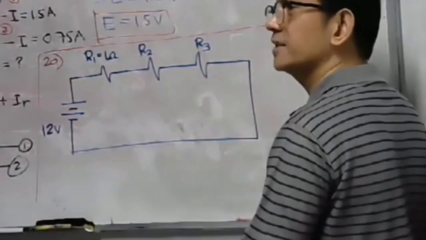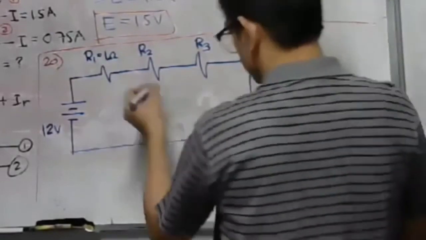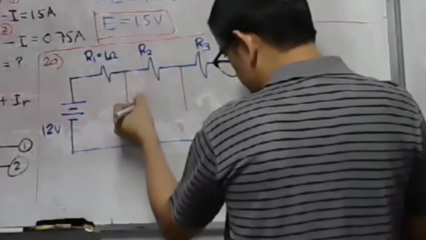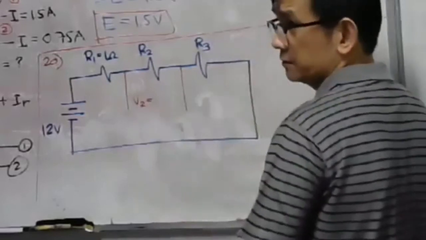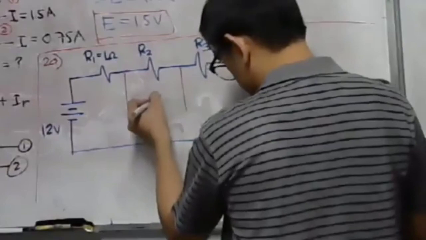The second has a voltage drop. This is different. The given here for our R2 is the voltage drop of 4 volts.